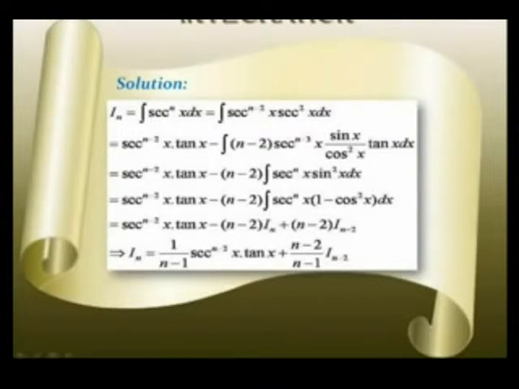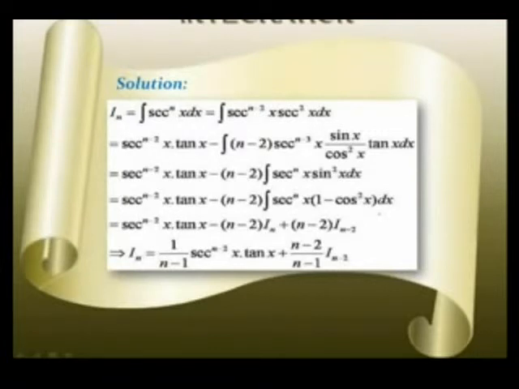Now this is equal to sec x to the power of n minus 2 into tan x minus n minus 2 into integral of sec x to the power of n into, we write sin square x as 1 minus cos square x into dx. So this becomes sec x to the power of n minus 2 into tan x minus n minus 2 into, now when we multiply this with this we get sec x to the power of n minus sec x to the power of n minus 2.